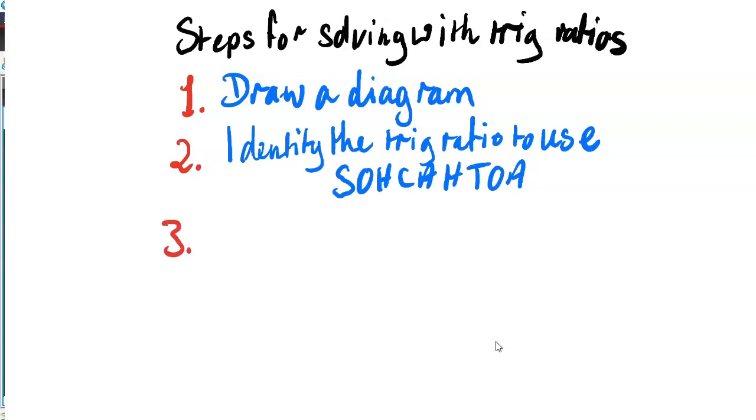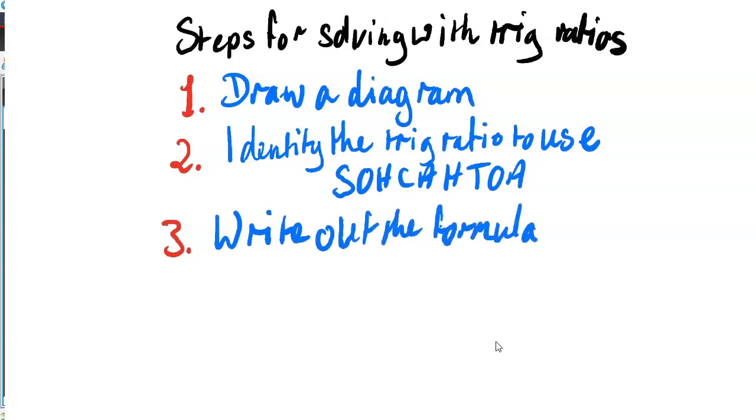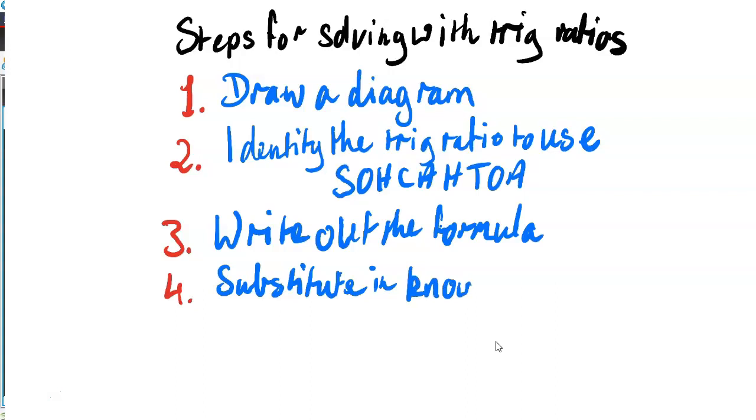Step 3. Write out the formula. Step 4. Substitute in your knowns. So that's your angle amounts or your side lengths if you know them, and your unknowns.